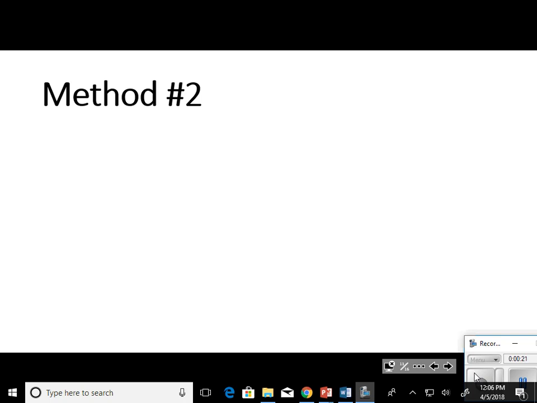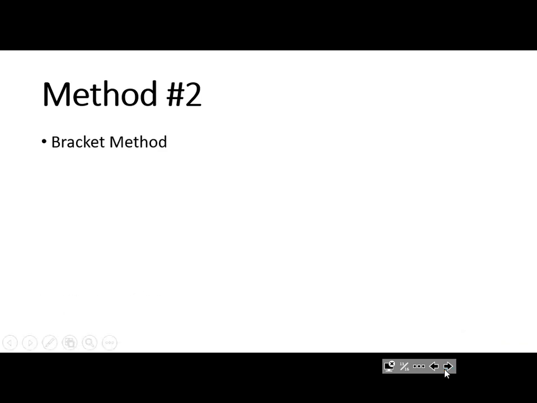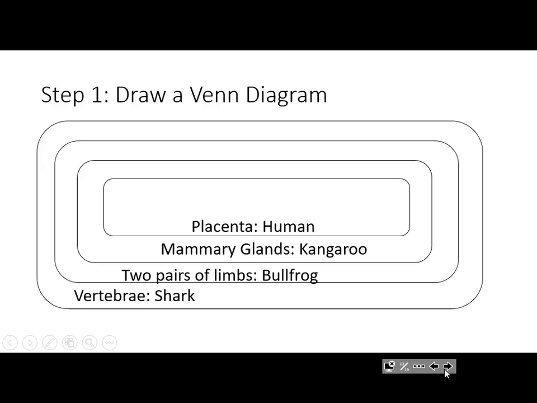So on our bracket method, we need to start out with the one that only has one of the species, one of the organisms has that particular trait, that particular characteristic. And in this case, we're going to build our bracket. Okay, we're going to build our bracket on our bracket method.